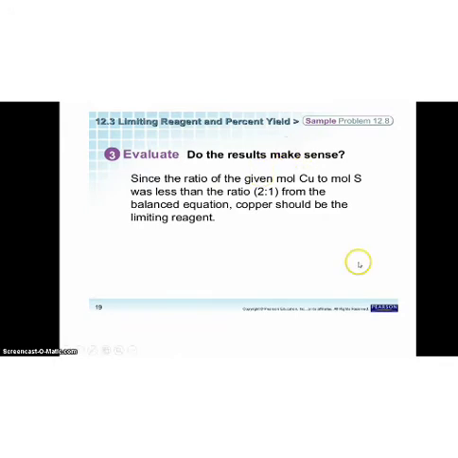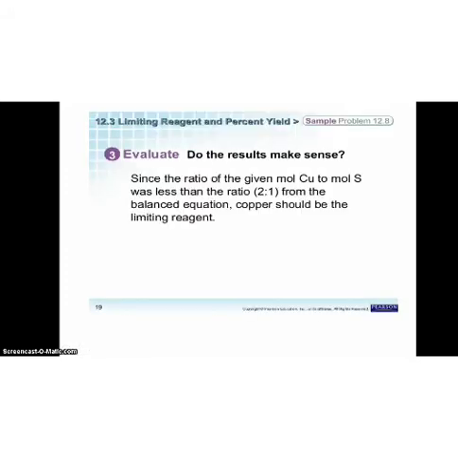The ratio 2:1 comes from the balanced equation. Since the ratio of given moles of copper to moles of sulfur was less than the 2:1 ratio from the balanced equation, copper acts as the limiting reagent and sulfur acts as the excess reagent.